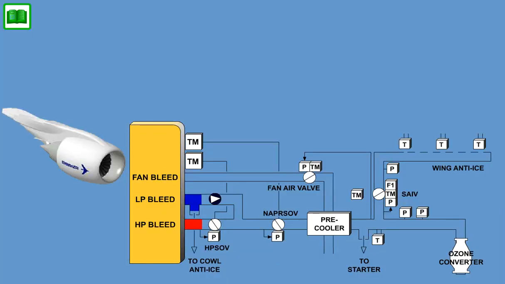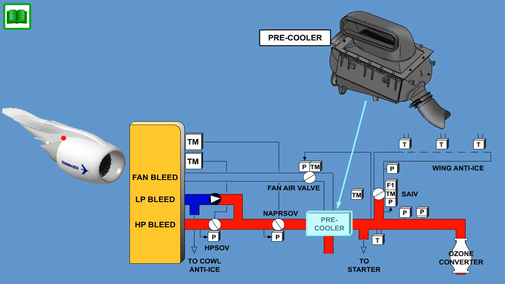The engine bleed system provides closed-loop electronic control of left and right engine bleed temperatures. Engine bleed air is cooled in the precooler using cold fan air. The temperature of the bleed air exiting the precooler is controlled by the amount of cold fan air flowing across the precooler.